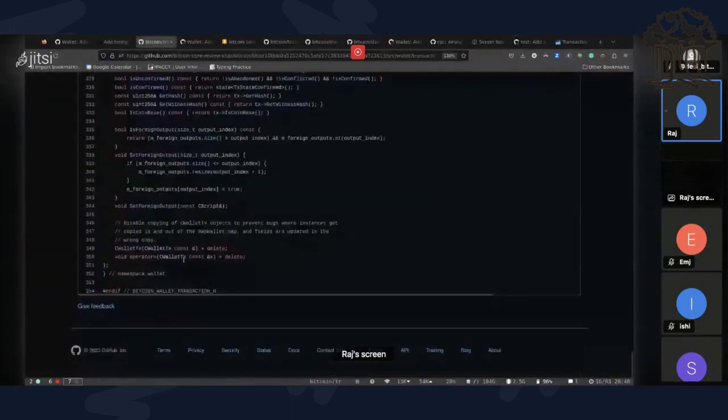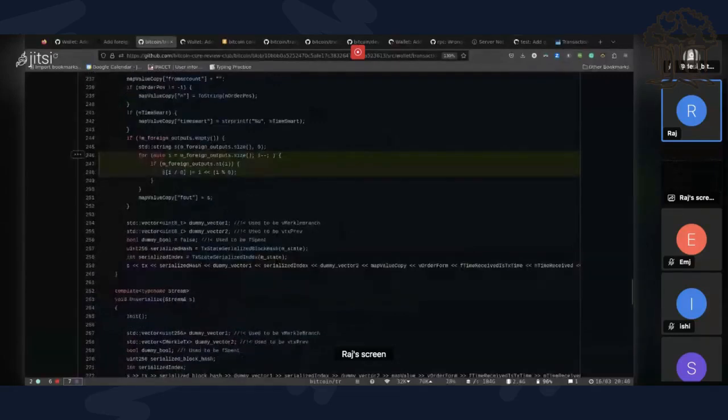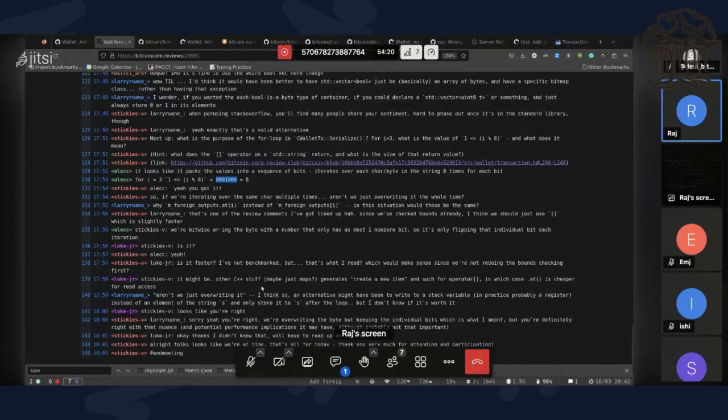So S of a particular index is a byte, and for each byte it is repeatedly putting in the value of i modulo 8. Okay, it makes sense. It made sense to me as far as it could. So something like that is happening over here. Yep, I don't have any further comment on that part.